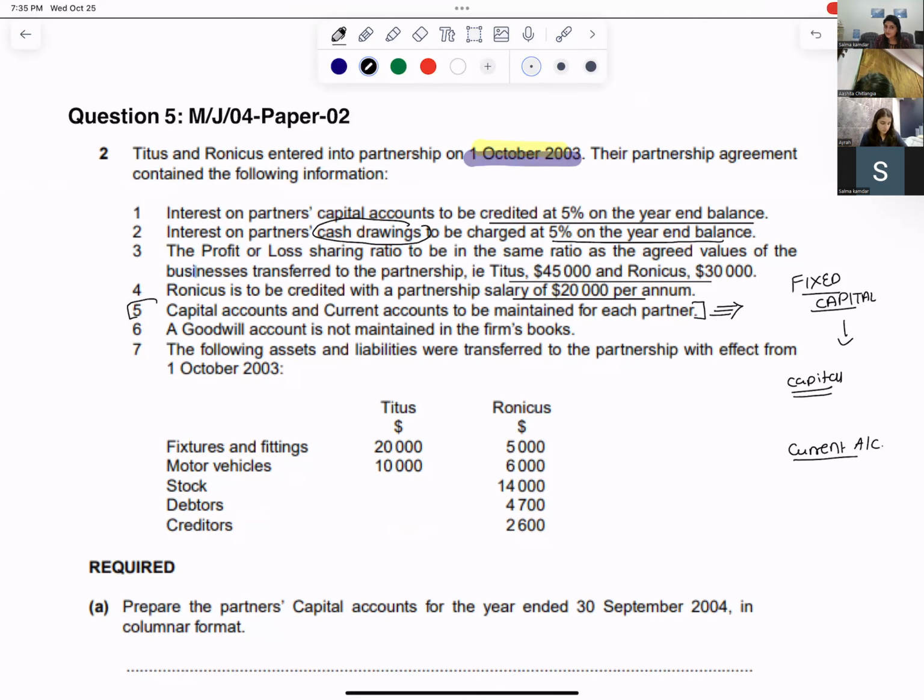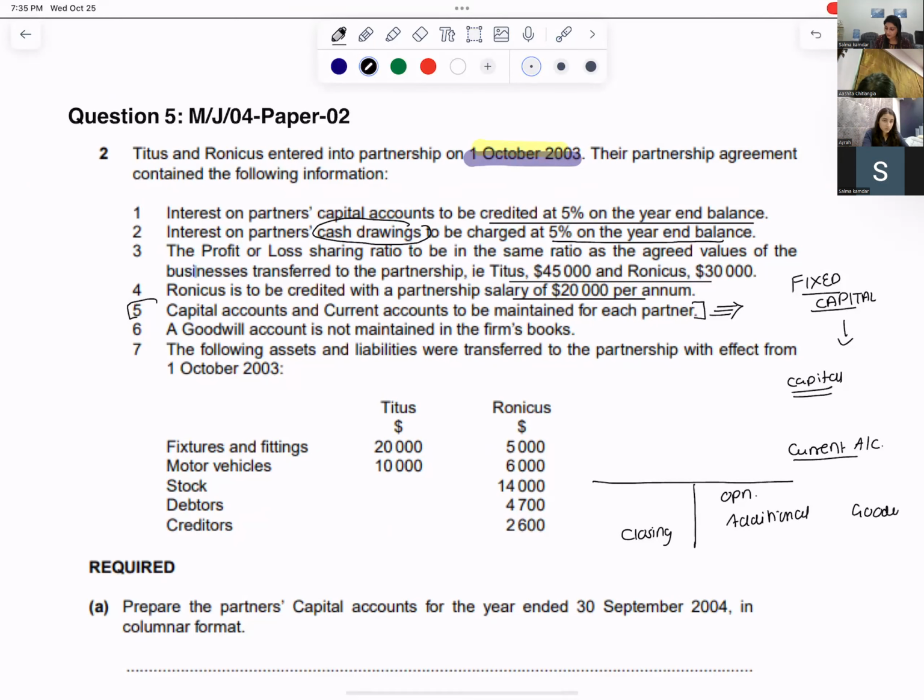So when you do the fixed capital method, in the capital account you only have the opening balance and the closing balance of capital, the same thing. The capital account would only change because of additional capital and because of goodwill.